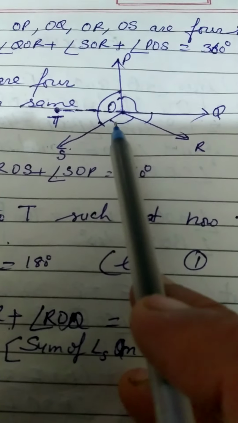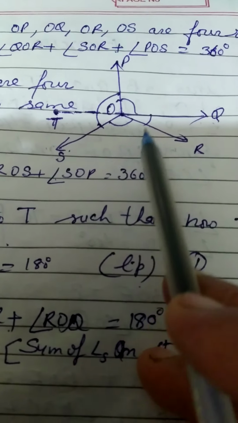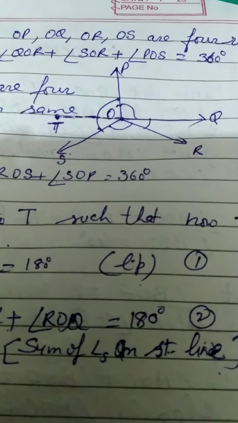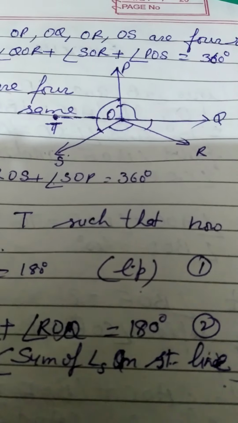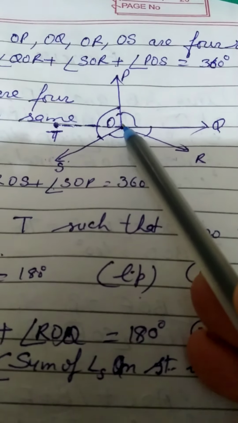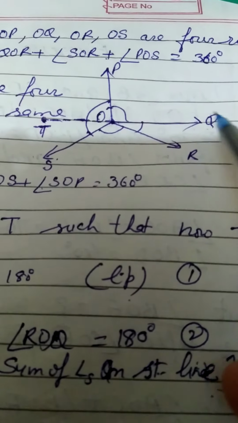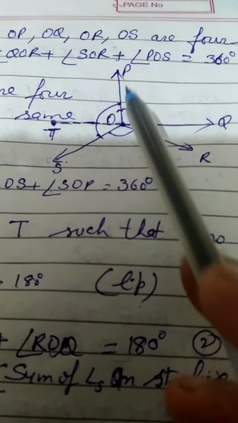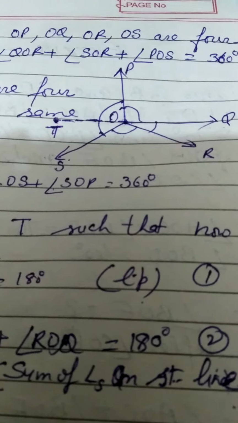Means we are to prove that the sum of angles around a point is 360, because all these angles are formed around a point O. Angle POQ plus angle QOR plus angle ROS plus angle SOP is equal to 360. We are to prove this.